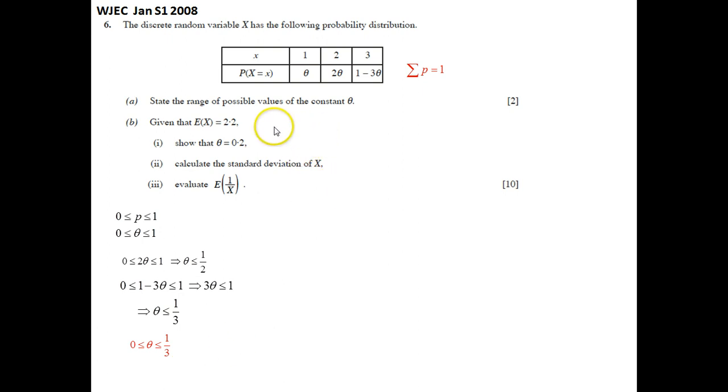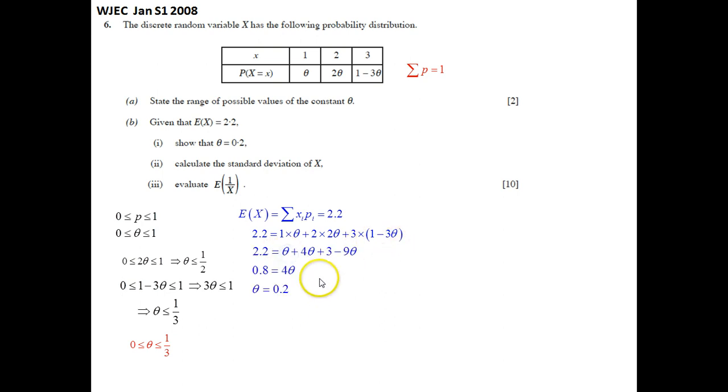Given that the expected value is 2.2, show that theta is 0.2. So expected value is x times each probability, and you're given it's equal to 2.2. So 1 times theta plus 2 times 2 theta plus 3 times 1 minus 3 theta.